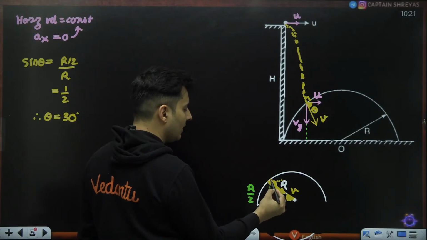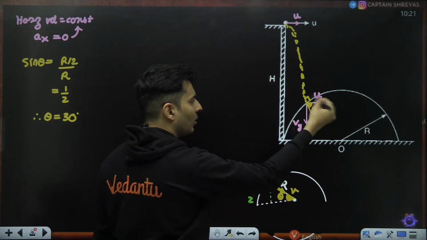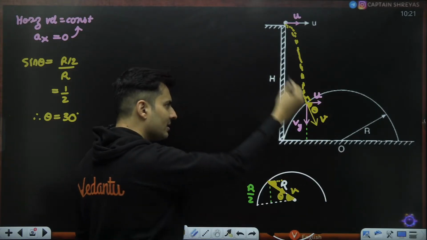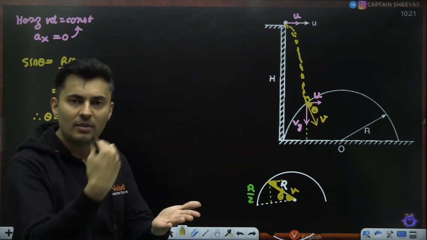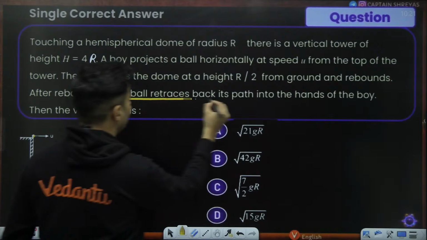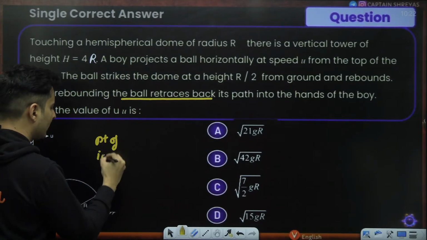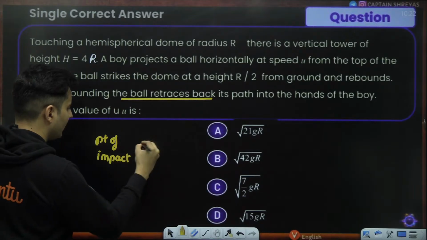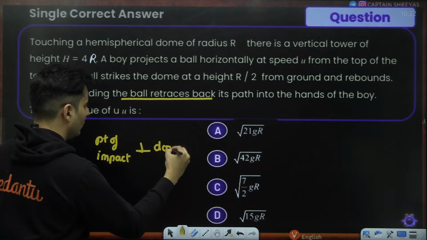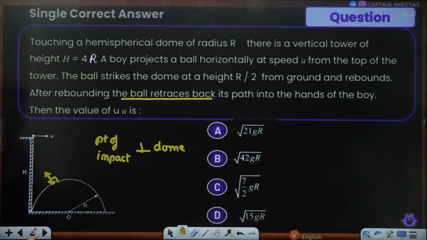It will be perpendicular to that circumference, or to that arc, or that dome. Only when there is normal incidence will it be able to retrace back. Is this absolutely clear? If this is retracing back, the point of impact is perpendicular to the dome. Only then is this possible. Only then it will retrace it back.